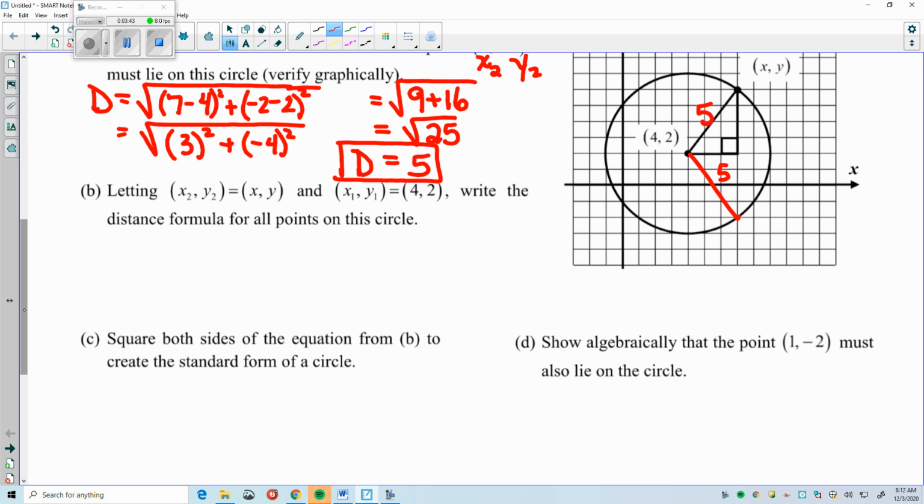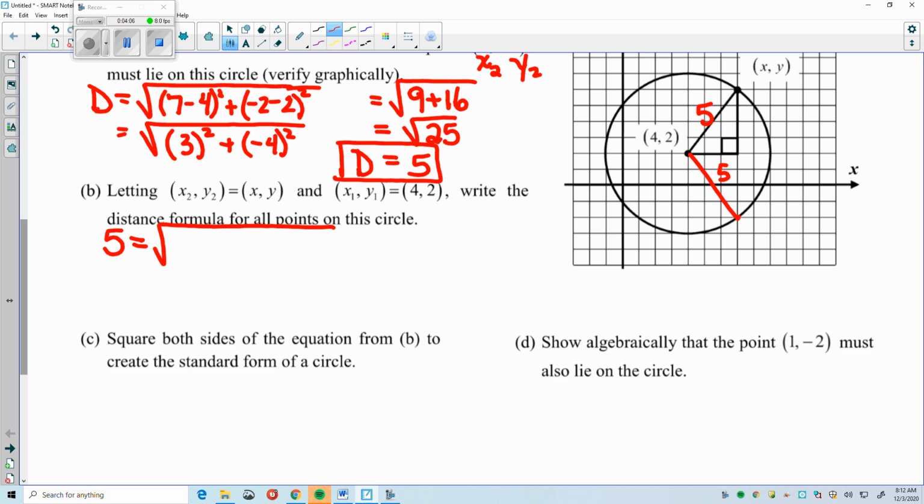Same thing, we're going to start with the distance formula. And now keep in mind, the distance between this random point and our center point we know is 5. So rather than saying d equals, we're going to say 5 equals, because I already know the distance between these 2 points. Okay, we have our square root.